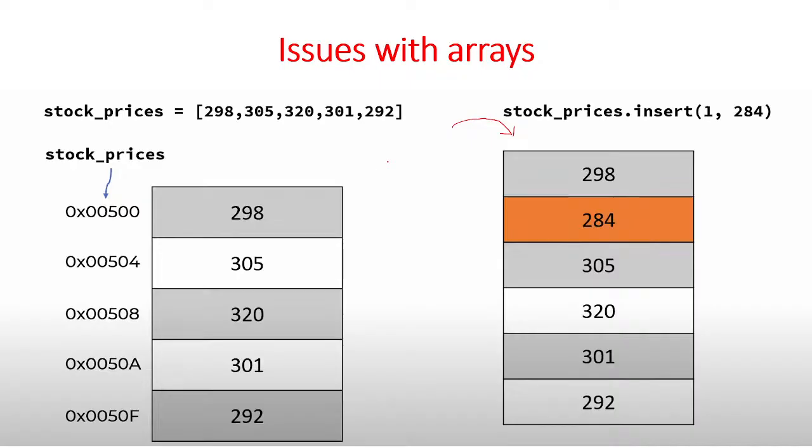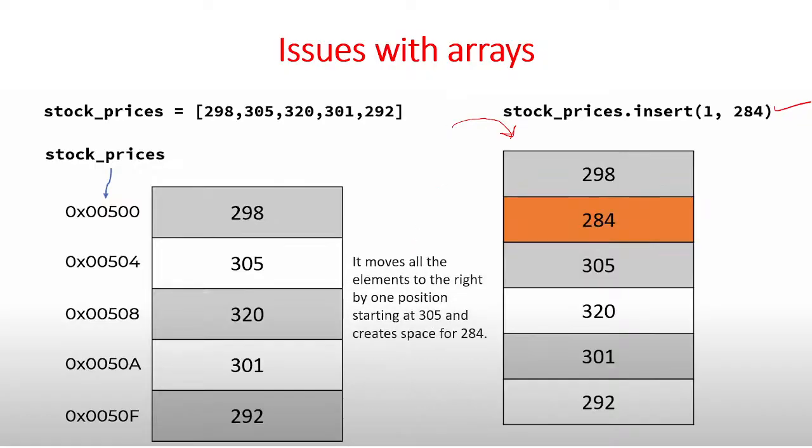Then you can ask what the problem is, since with a single statement using the insert function it is already inserted. So why do we need to worry about these arrays? Internally, if you understand how this is done, then you can understand the problem with arrays. How has it inserted this 284 after 298?